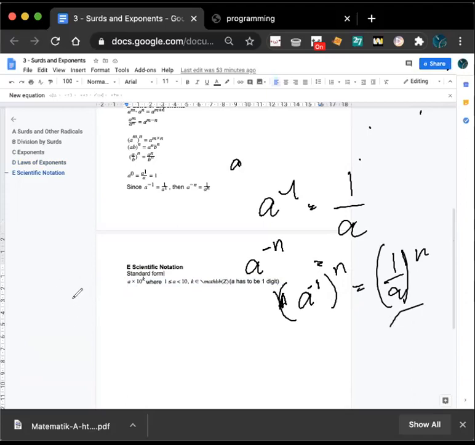And then standard form basically just requires you to have one digit times 10 to a power.